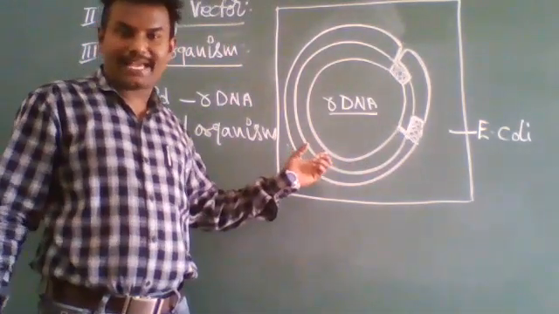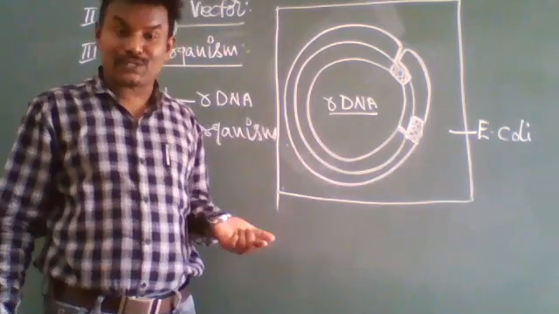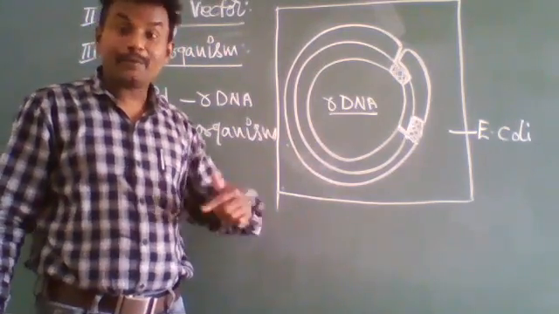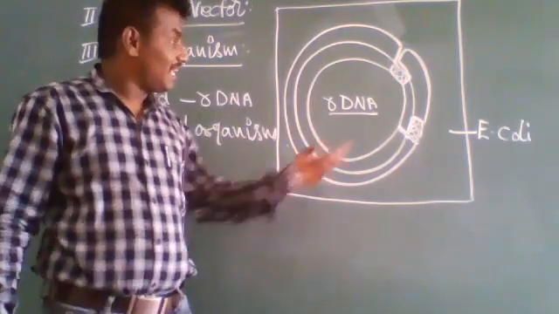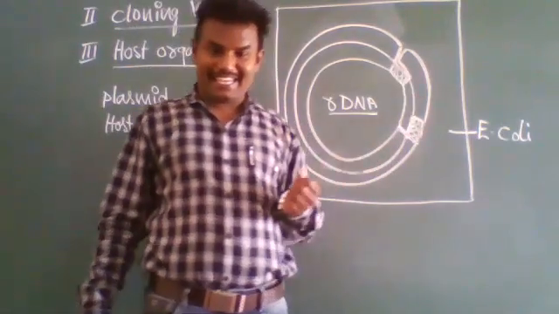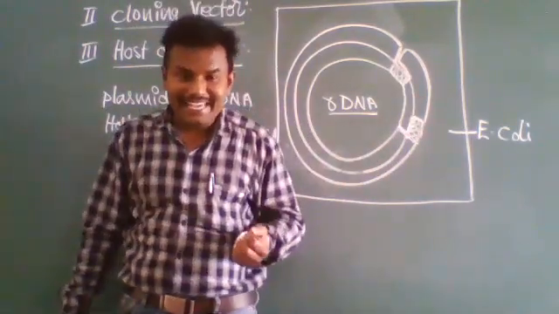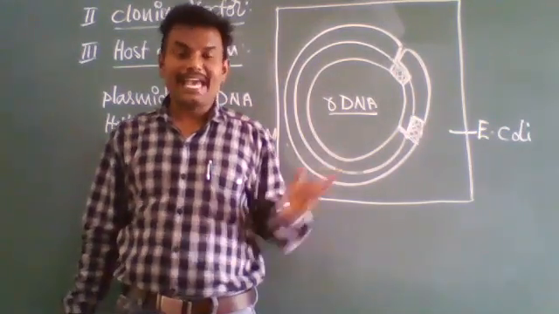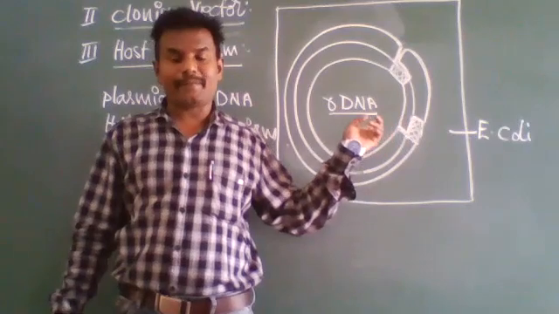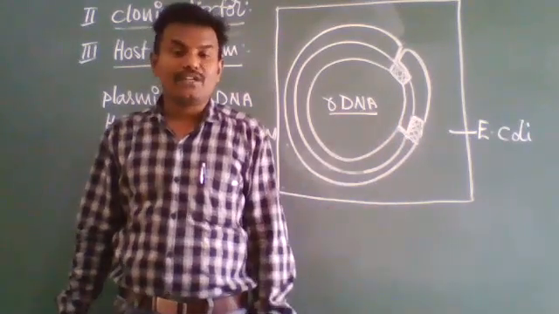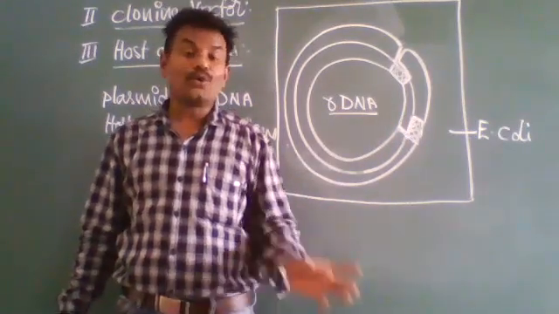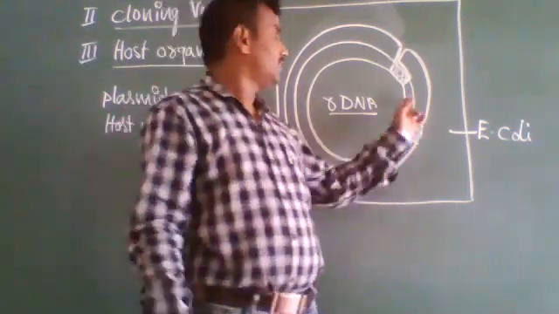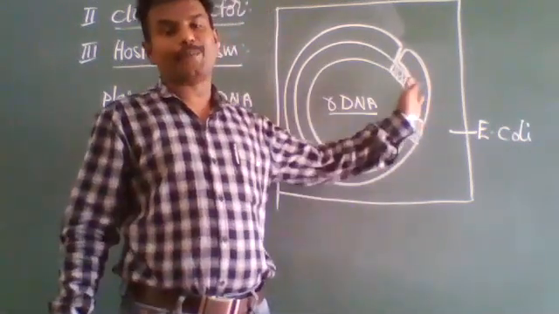As Escherichia coli reproduces, it produces the same copies of the desired DNA by replication, and a clone of cells can be formed. Clone of cells means what? Same copies. A number of copies are formed.